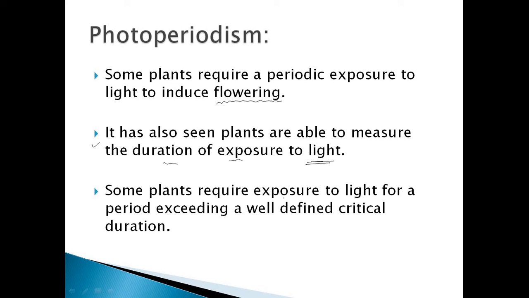And some plants require exposure to light for a period exceeding a well-defined critical duration. Here the critical duration is the exposure to light for a certain time period, which is called the critical period. Beyond that critical period, the plant is able to bear that optimum or critical duration of light, and some plants are unable to bear that light.